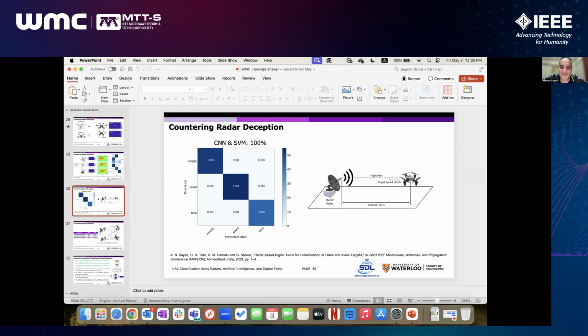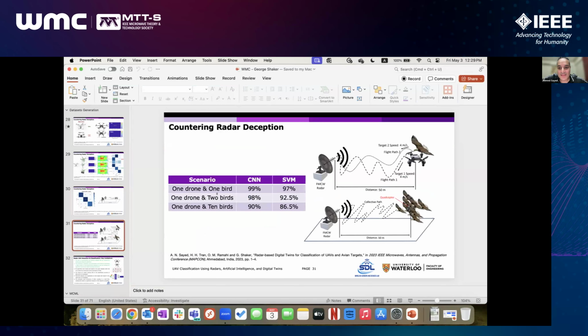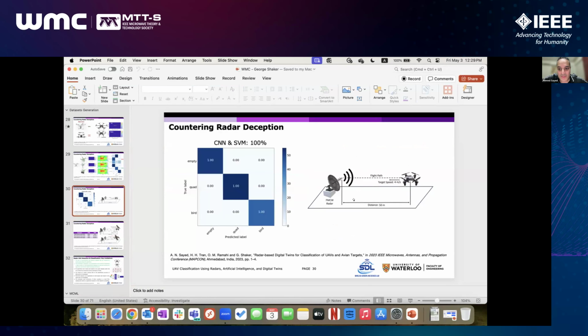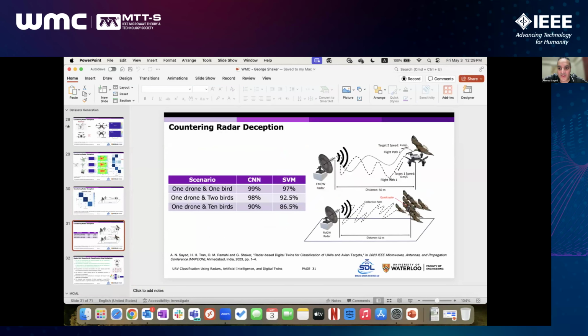How many simulations? Here, for example, I trained and tested the network on the same data set. This is the training accuracy. But here are completely different scenarios. The network trained on this scenario is tested on different scenarios that have completely different signatures.